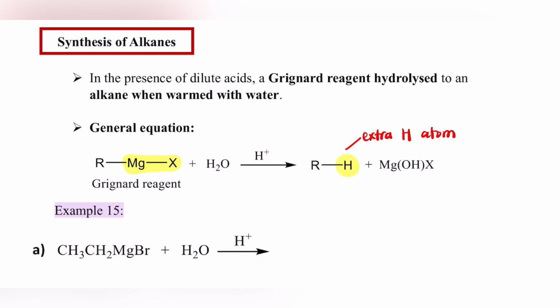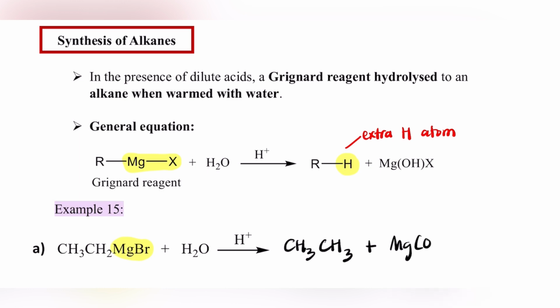What we're going to do, we are going to detach MgBr here and then we are going to copy it back with one hydrogen extra to complement the complete structure. So we are going to get CH3, CH. Right now it's CH2, but when we add one more, it will be CH3. And then plus MgOH X. Your X right now is Br.